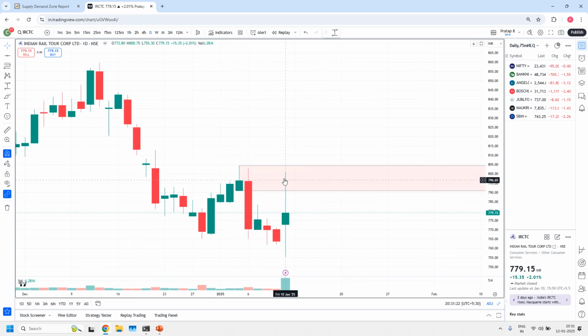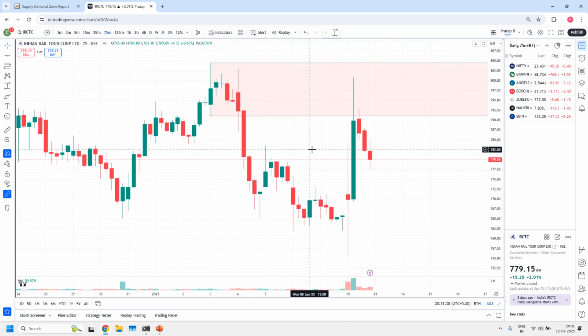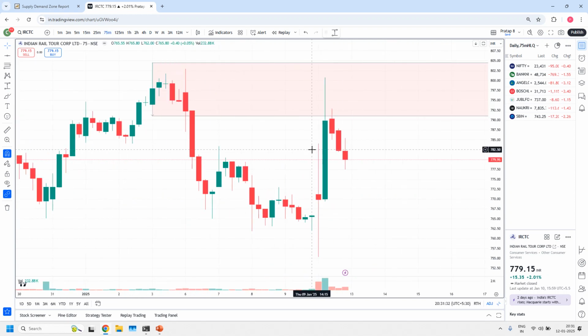On Friday it entered into the zone, picked up the orders and came down. So let's fine tune with the 75 minutes time frame. In 75 minutes, you have a drop, base, drop. The failed ERC candle is valid as a leg out because it is a big candle and the body is completely coming out of the zone.